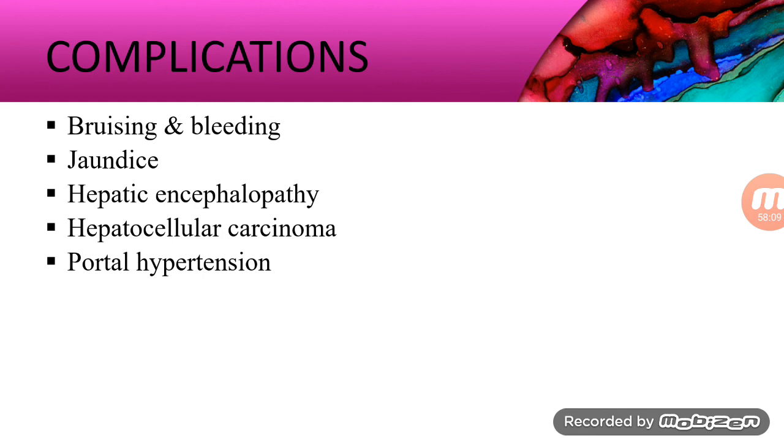Portal hypertension means increased blood pressure within the portal vein, and the portal vein is the vein which carries blood from the digestive organs to the liver. So the blood pressure of these veins will be increased abnormally. This is a very dangerous condition. Due to liver cirrhosis this portal hypertension can occur. So these are the complications.